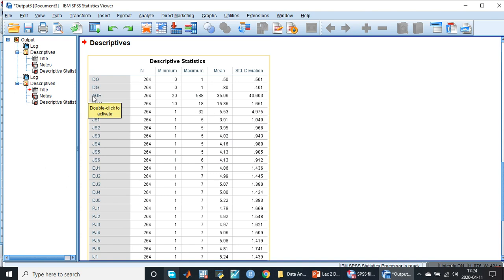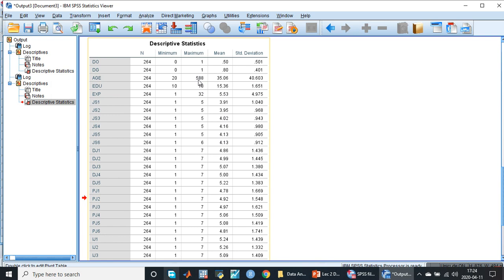For the age, if we look at the age, the minimum value for the age is 20, but the maximum value is 588. So exactly, it would be an error. It may be because instead of writing 58, we wrote 588. So first of all we will identify this error and correct it.